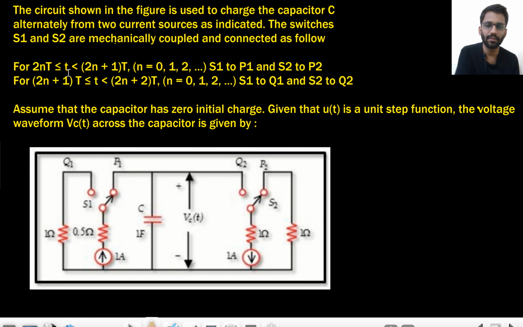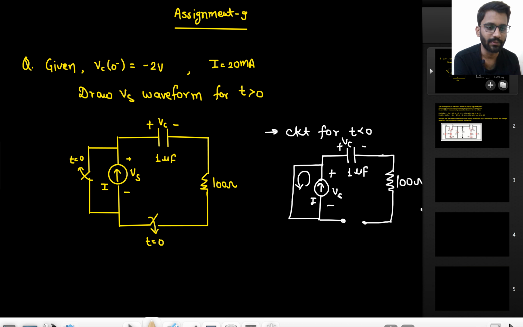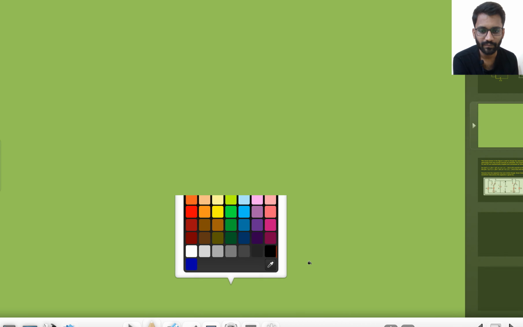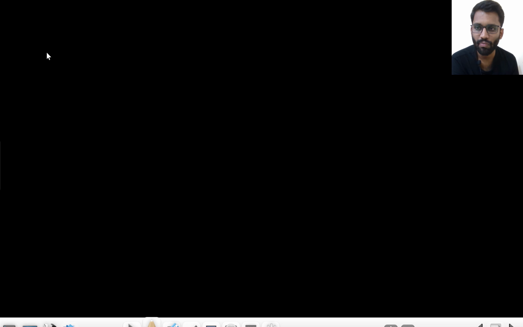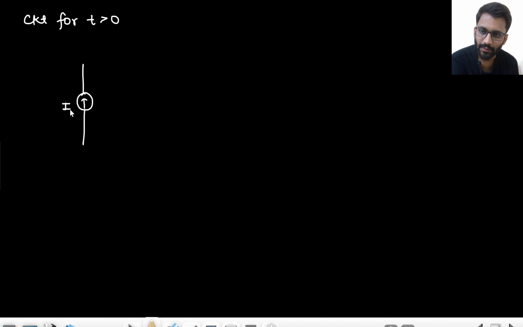Now the circuit for t greater than 0. This is current source I. Here it is open circuited, so I am not drawing that. This is Vs. Then we have a capacitor of 1 microfarad with the initial voltage of minus 2 volt, and a resistor of 100 ohm.